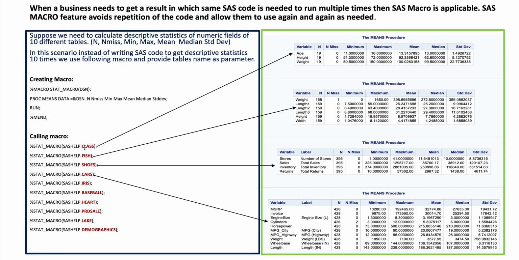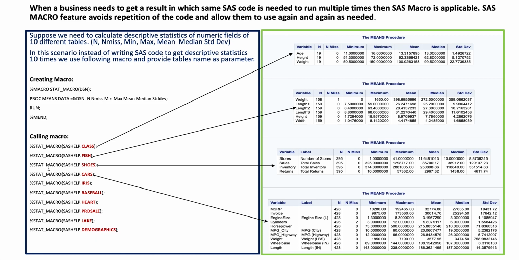We have 10 different tables. All tables lie inside sashelp library. That's why just we have to change the dataset name. Those 10 tables are as follow: class, fish, shoes, cars, iris, baseball, heart, product sale, lake, and demographics.